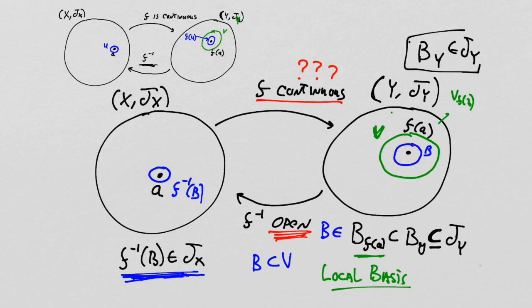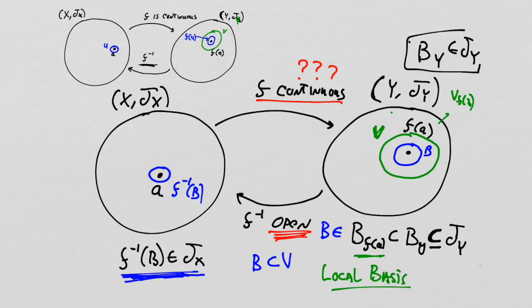So I've proven, and it was critical that F inverse be open for that to be the case, that if F inverse is open, then F is continuous. But I've also proven that if F is continuous, then F inverse is open. So this is an if and only if, and it's now an equivalent condition that F inverse being open is the same as F being continuous.